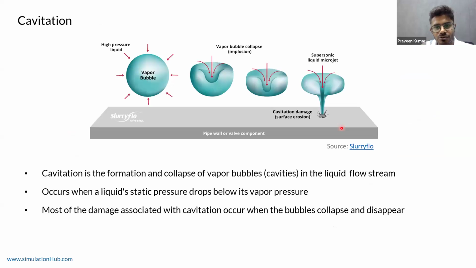Whenever the local pressure of the liquid goes below the vapor pressure of the liquid, a vapor bubble forms, and it collapses when the pressure recovers downstream. When the bubble collapses, it causes severe damage to the surfaces, and it also creates a sound, noise.